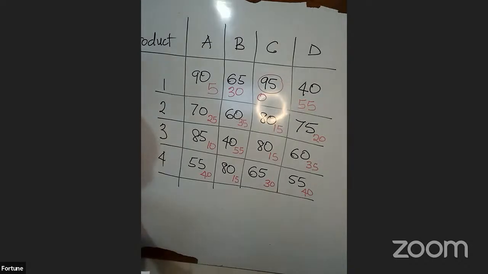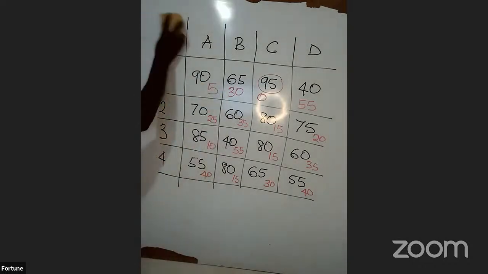You can quickly write those out, but it's going to be 5, 30, 0, 55, 25, 35, 15, 20, 10, 55, 15, 35, 40, 15, 30, 40. So I'm going to rewrite this.